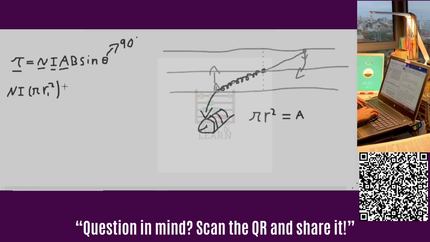We have a different magnetic field, so this will be B1 to correspond with R1. This is equal to the same equation for the other wire. We have N, I, pi r squared, but this time we'll have R sub 2 squared, which is the area for the second wire, times the second magnetic field.